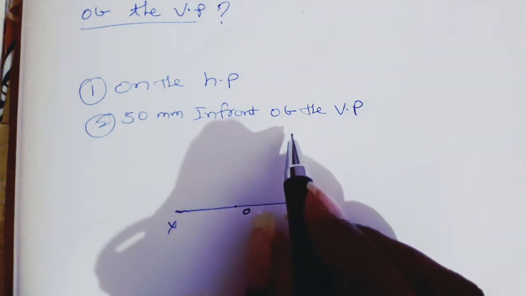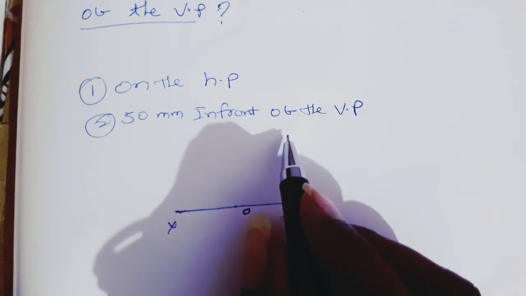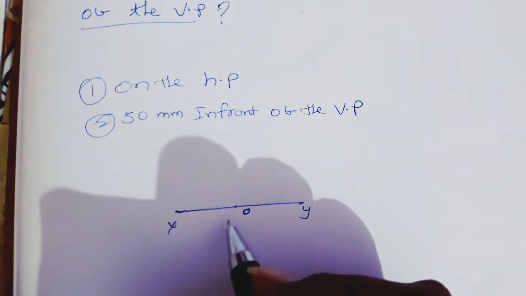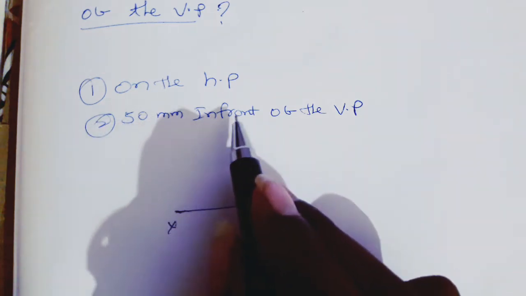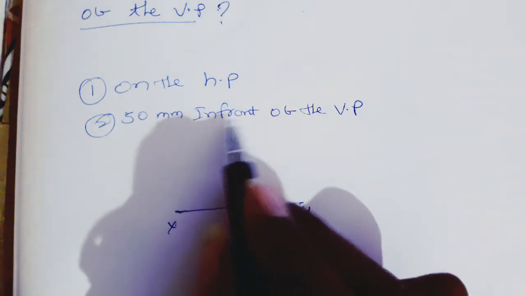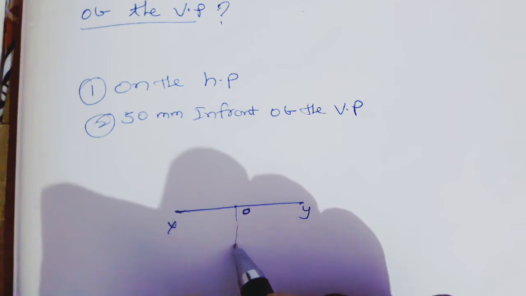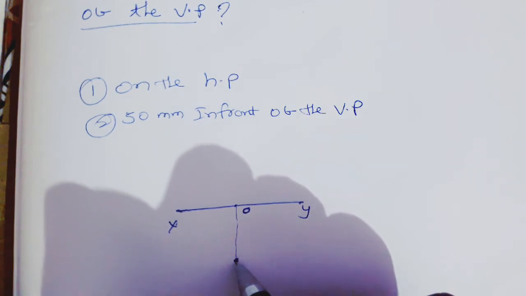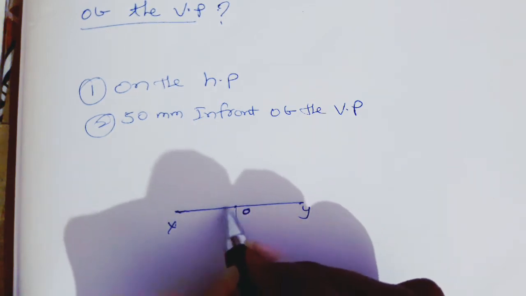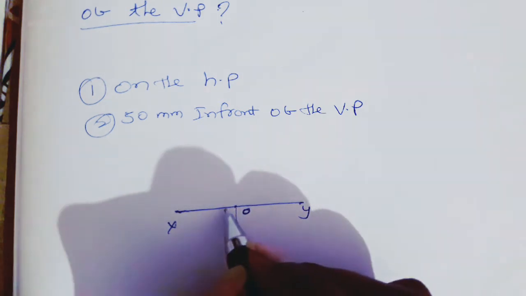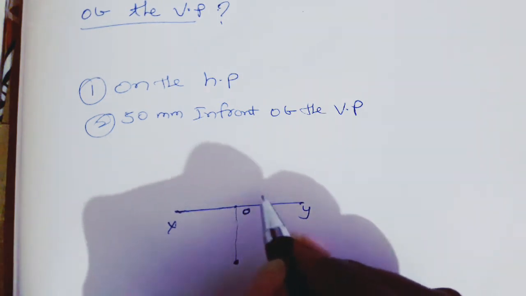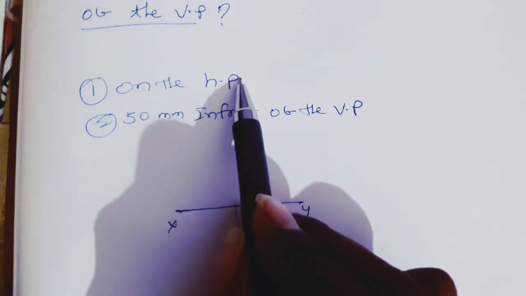In front, what is in front? Previously I told you, in front means the position of the point will come below the XY line. How much is given? 50 mm in front of the VP. In front means below the XY line. So see, below, up to here. Okay, this is 50, right? So then what is on the HP?